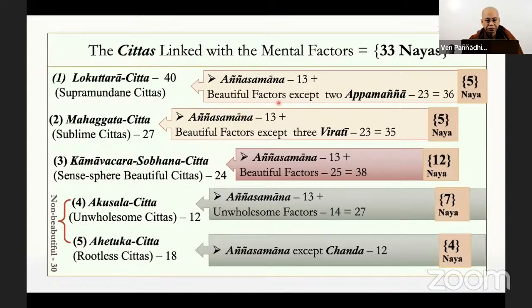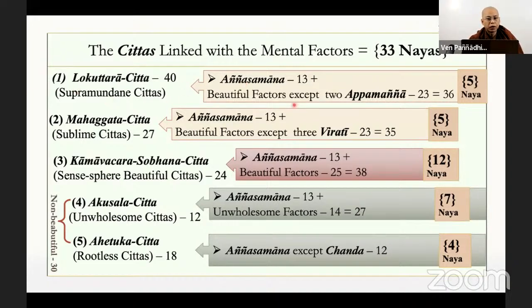These are the related mental factor groups. So the methods are 33 altogether, and we already counted. Starting from Lokuttara Citta, we will continue studying the mental factors, just counting. If we know the principles of the association and combination method, that is not difficult.